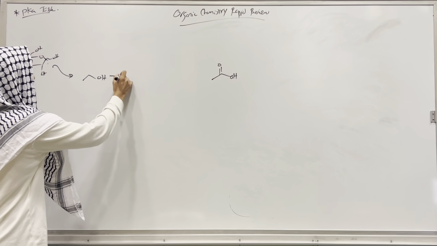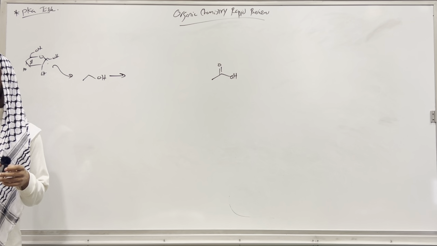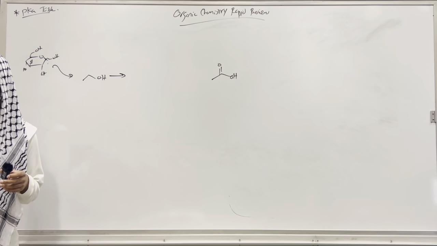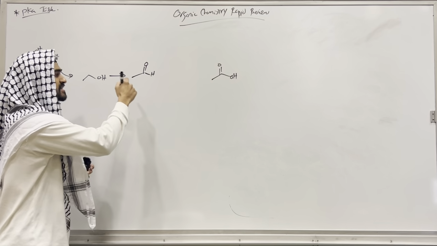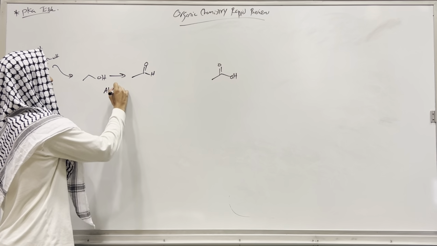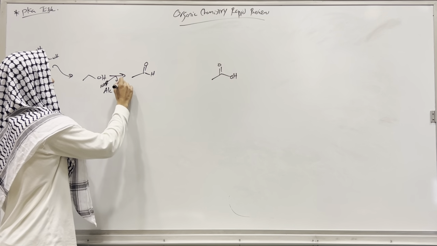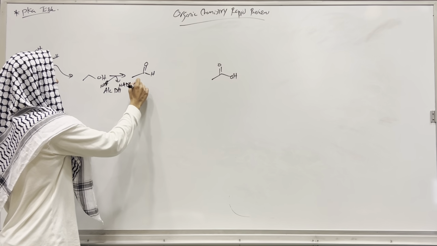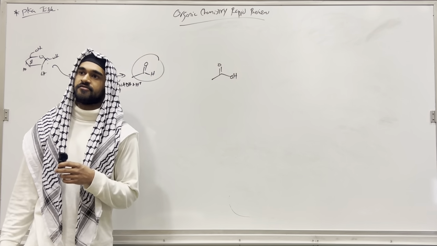So when the oxidation occurs, the first step of the oxidation is the alcohol into an aldehyde. So then you get acetaldehyde. Now this happens inside your body, right? There is an enzyme called alcohol dehydrogenase, which uses NAD+ to turn into NADH and H+, and this acetaldehyde accumulates in your body, and that's what gives you a hangover.